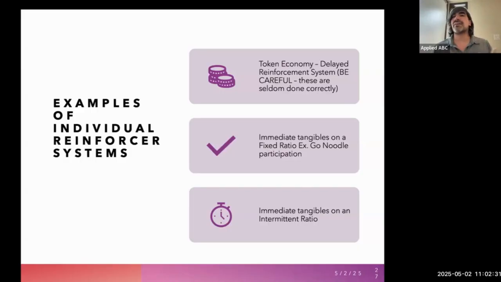Oftentimes it's a sticker. If a kid really likes Thomas the Tank Engine, it can be little pictures of Thomas. So the thing itself is like, yay, I got another Thomas. Or if they like gold stars, we do gold stars, whatever it is that's exciting. And the reason you see these coins and the reason we call it a token economy is it's very comparable to money, right? You are accumulating a thing that in and of itself has no value.